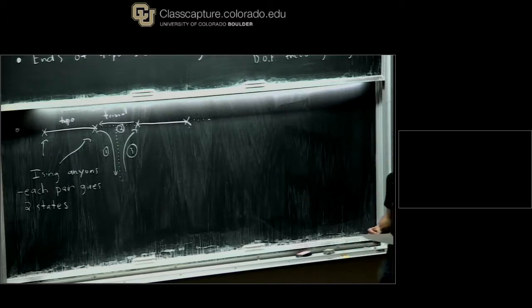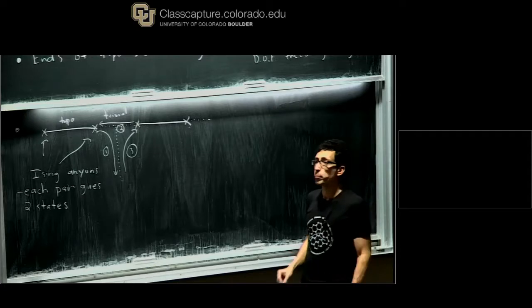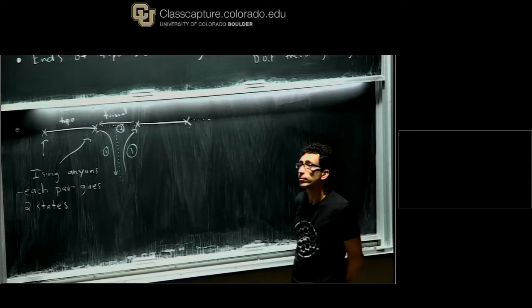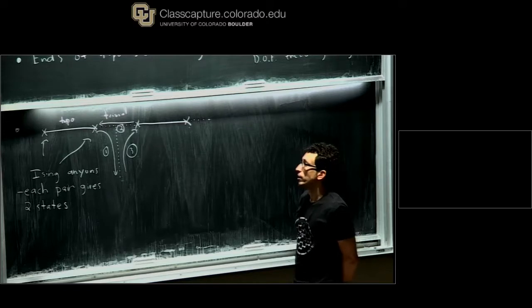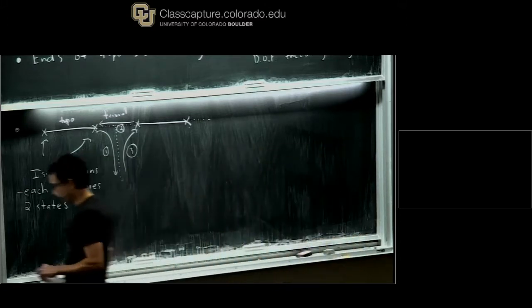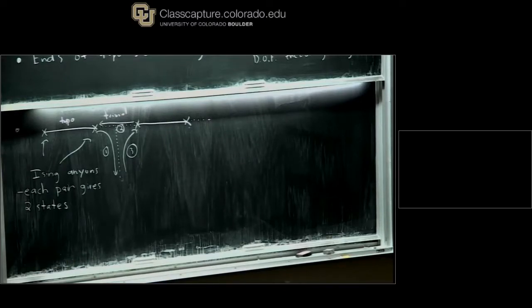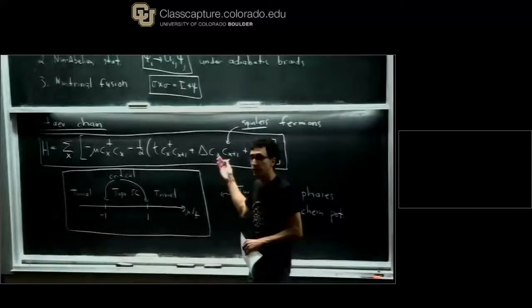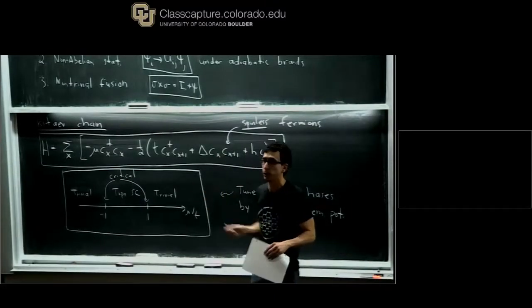Yeah? It's a question about the symmetry class. What is the class here for this model? Is it supporting Z2 or Z? Well, okay, so that's a somewhat ambiguous question. When I wrote down this Kitaev chain, I didn't have in mind any other symmetries beyond just global Z2, which you can't break.